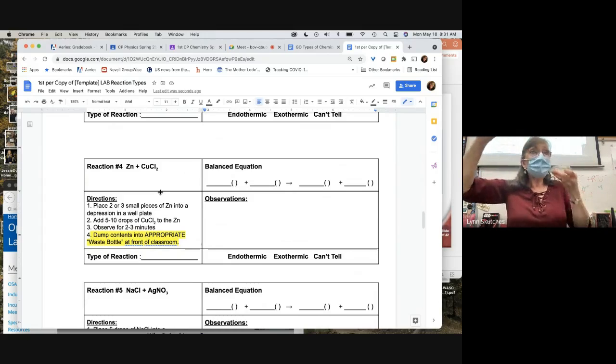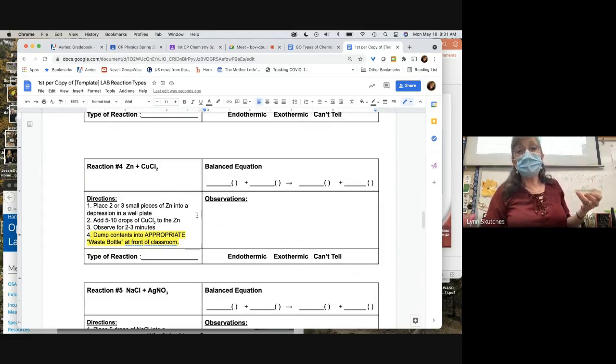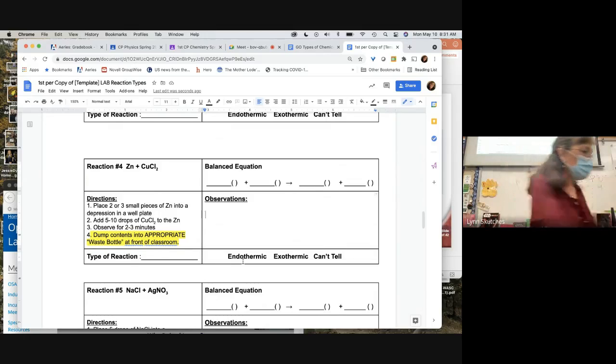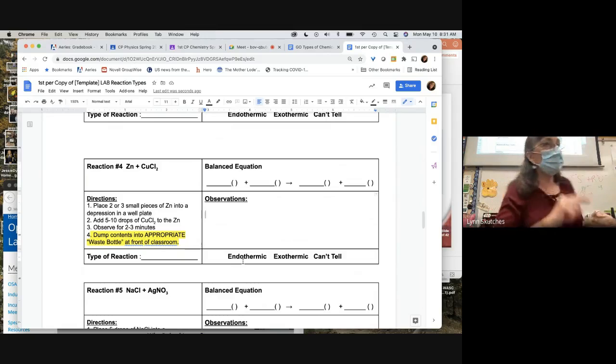Okay, so remember to make observations. Remember before, during, and after. And then you probably won't be able to tell anything on temperature, but you can try and feel through the plastic. Okay. All right, this stuff should not go down the drain because of the metal.